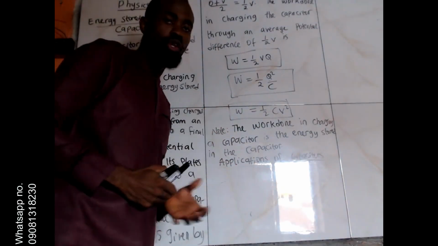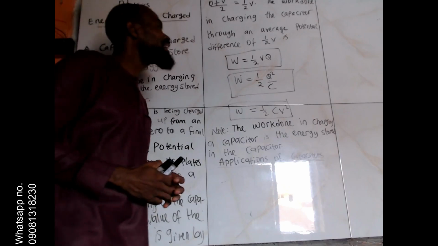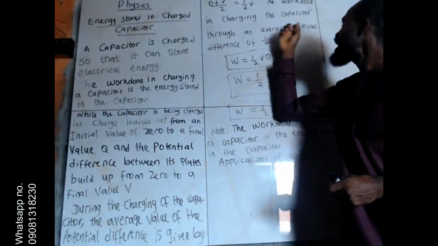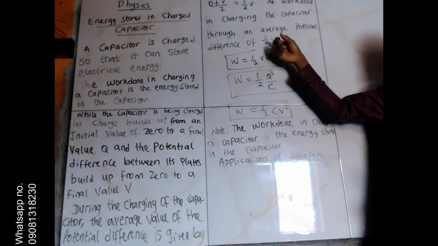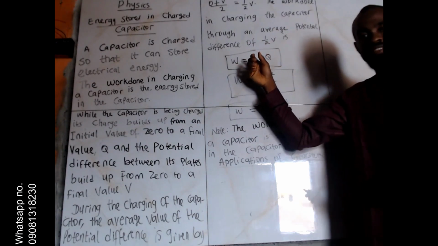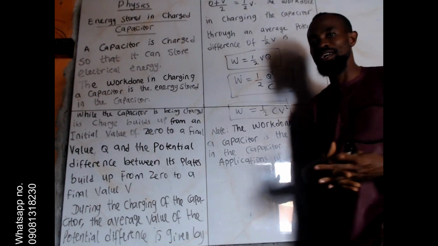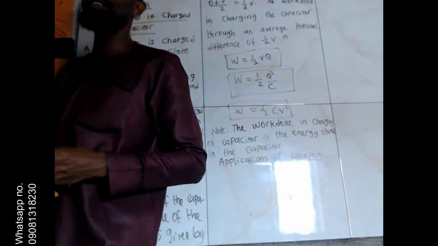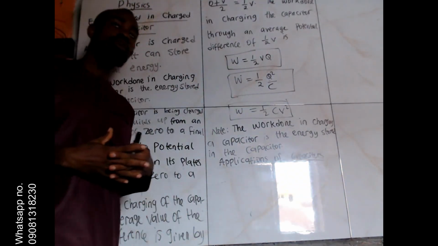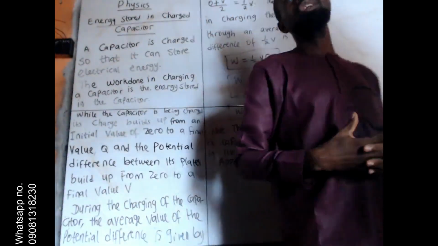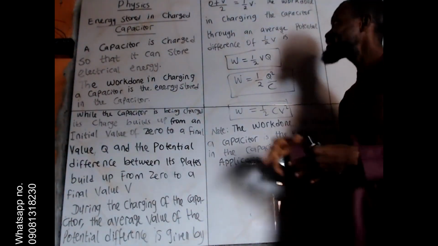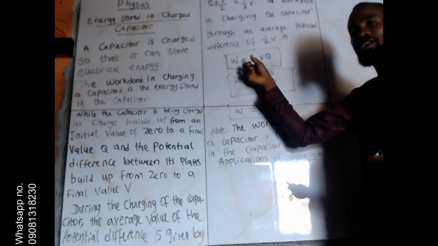Now, the work done in charging the capacitor through an average potential difference of 1 over 2 V is given as follows. We have earlier proved that electrical work done is W equals QV. Now substituting that V, not as ordinary V but as 1 over 2 V, we arrive at this formula.